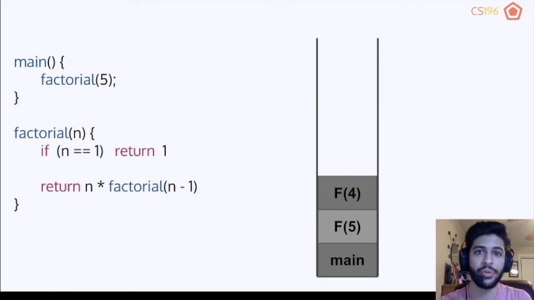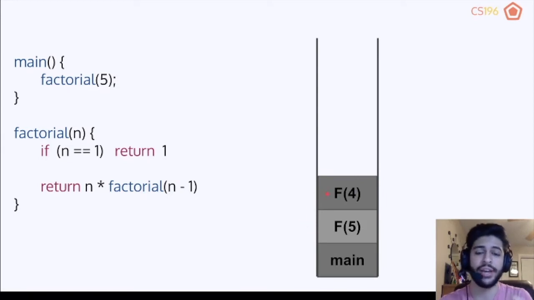The reason we're using this call stack is because the state of f of 5 can't just be thrown away. We need to wait until f of 4 resolves before we can compute f of 5. So we put it on the call stack to say, once this is done, I'll put the result into f of 5, and then I'll have my answer.